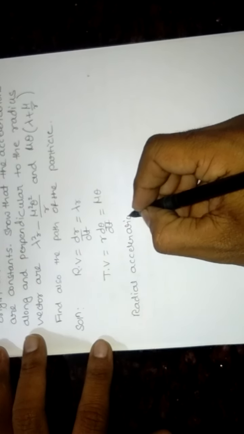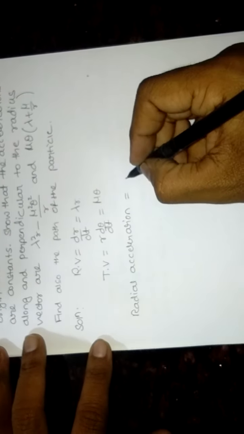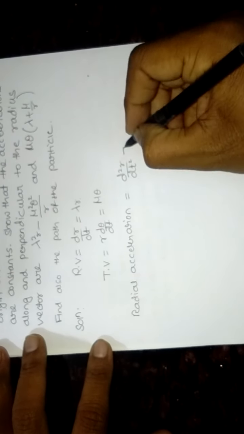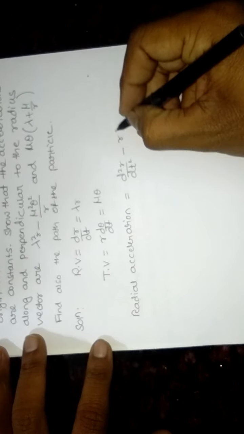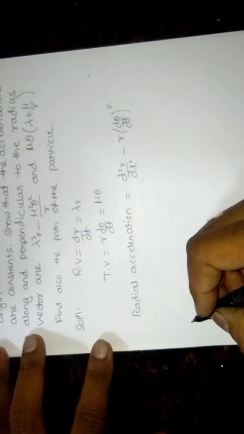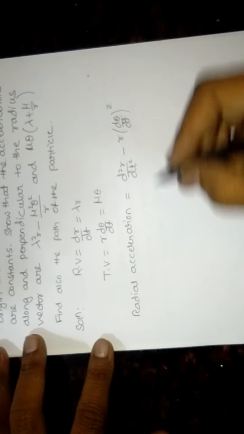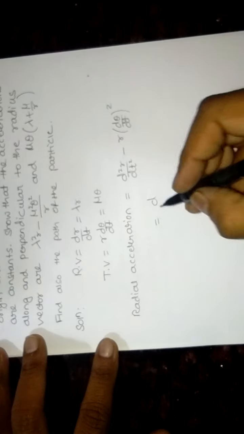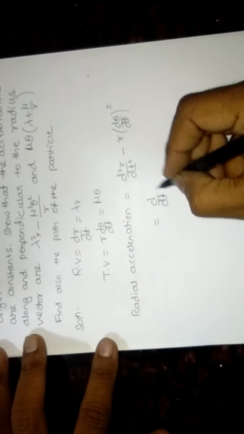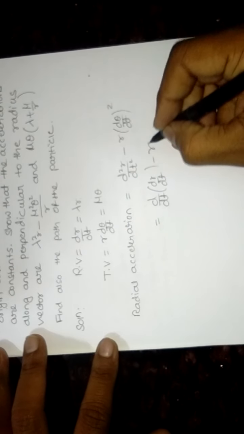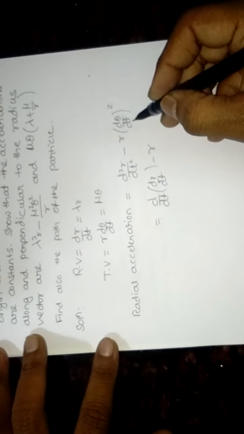So the formula for radial acceleration is d square r by dt square minus r into (d theta by dt) whole square, right? So now d square r by dt square can be written as d by dt of dr by dt, minus r into d theta by dt whole square.